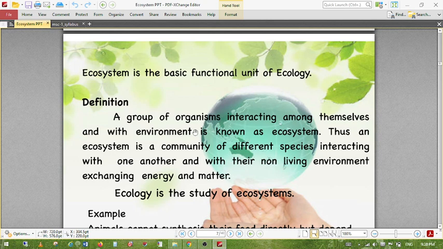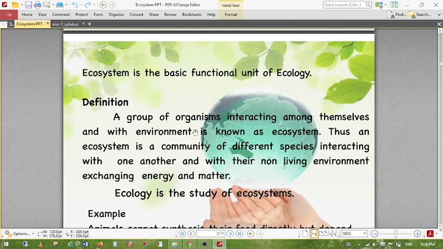Then let's discuss the details. What is a producer? What is the category? Producers are always called autotrophs. What are autotrophs? Troph means synthesis, or which can directly produce food.